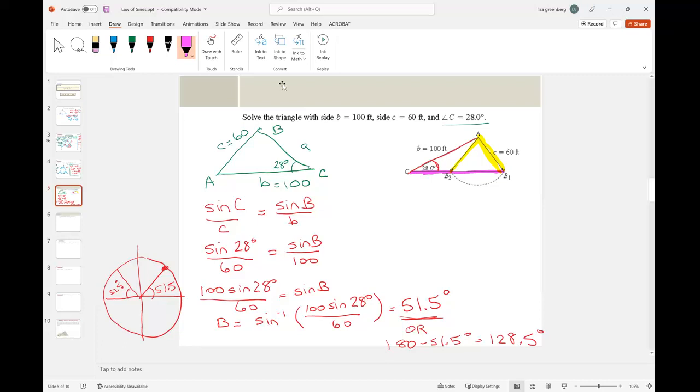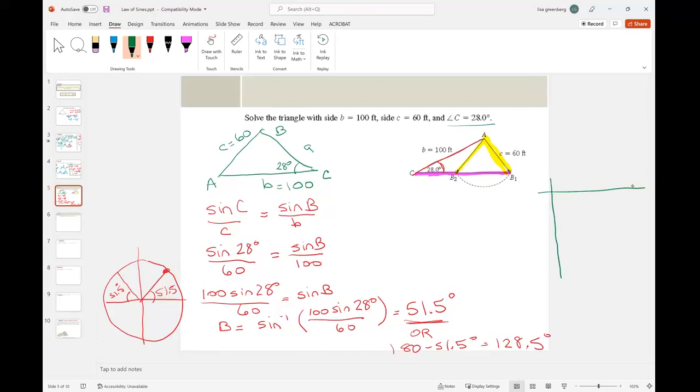Here's what I really recommend you do, because it really helps. I make a table with all the angles and all the sides, and triangle 1 and triangle 2.